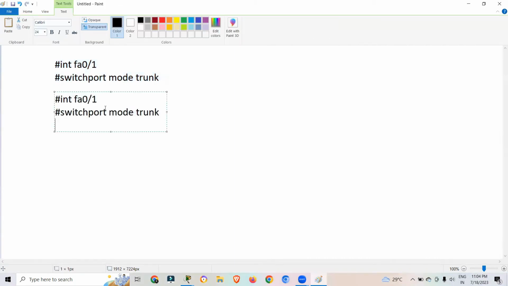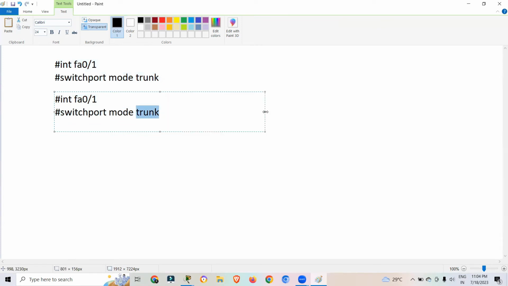There is only a short command: interface, just select the interface FA0/1. Then the next one is switchport mode trunk. This is only a short command.